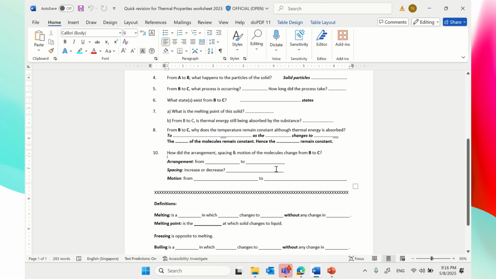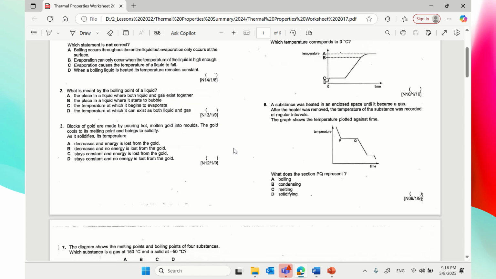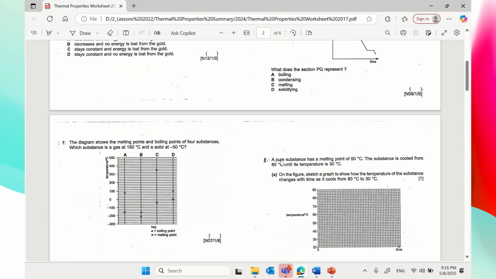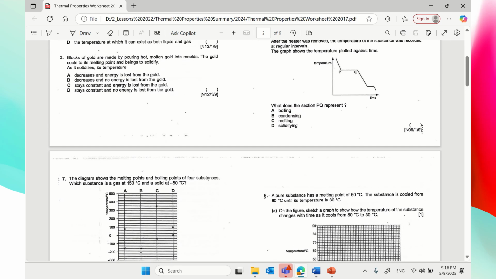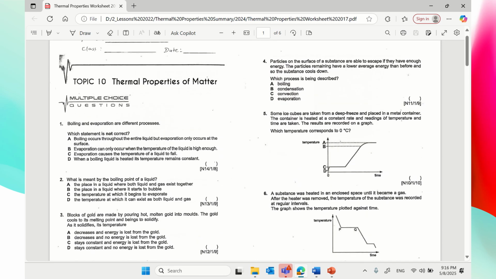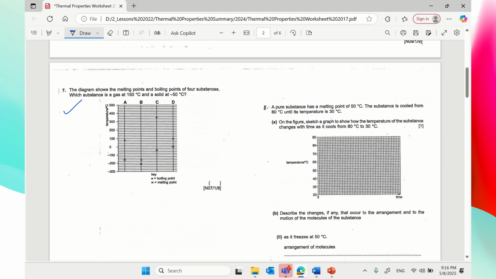Now, with whatever time is left in the class or at home, this could be your homework. This is a very simple exercise on this thermal properties topic. See whether you can at least do all the MCQ, 7 questions, if you have the time in class now.